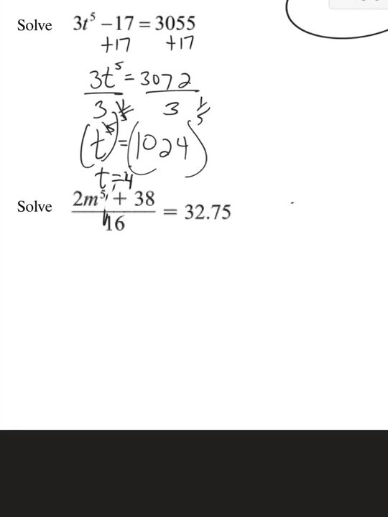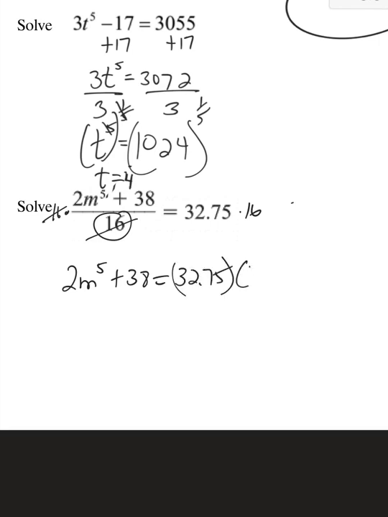On the next one, if you're going to go ahead and try to solve for m, the first step is going to have to be getting rid of the 16. So I can multiply both sides by 16. That will allow me to cancel this out. Now I have 2m to the 5th plus 38 equals 32.75 times 16. I'm going to subtract 38 from both sides.